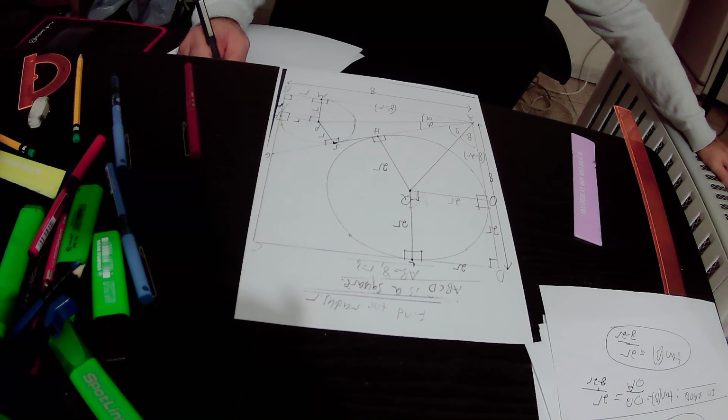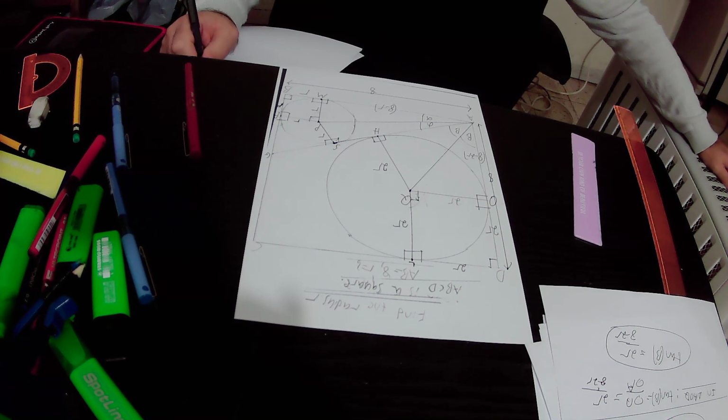According to equation number 1, tangent alpha plus tangent beta over 1 minus tangent alpha times tangent beta equals 1. Tangent alpha equals R over 8 minus R, and tangent beta equals 2R over 8 minus 2R.